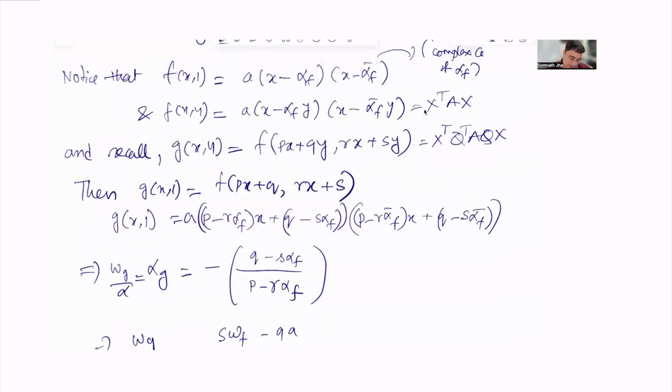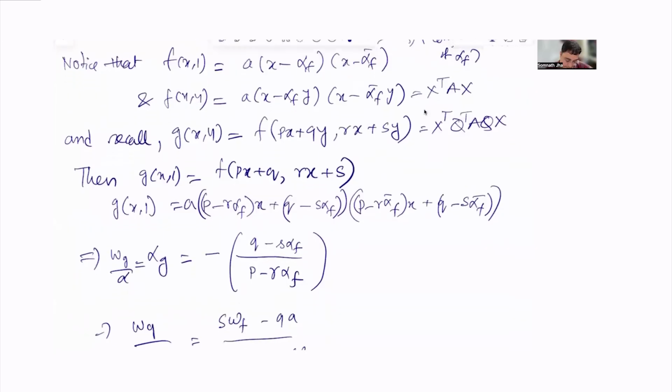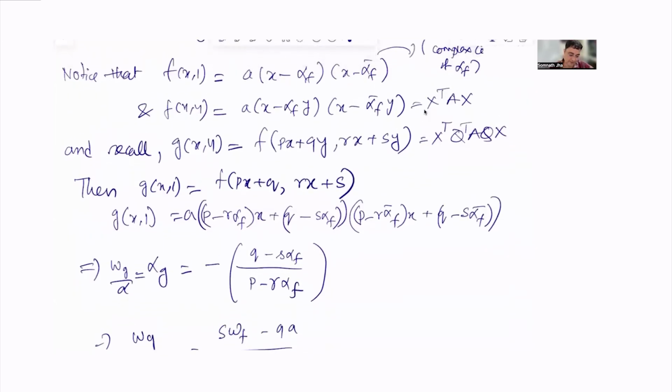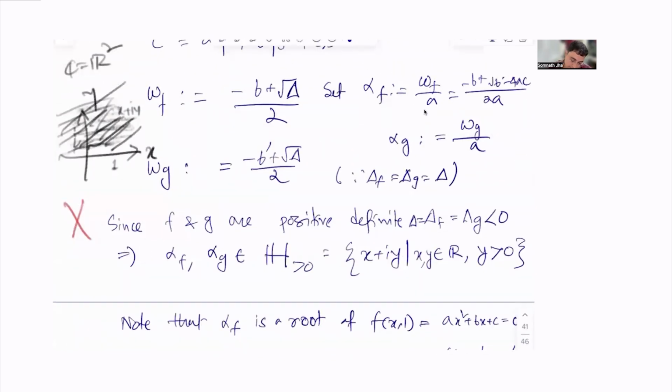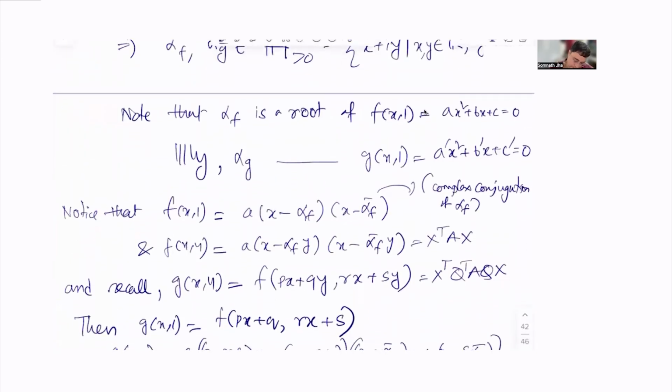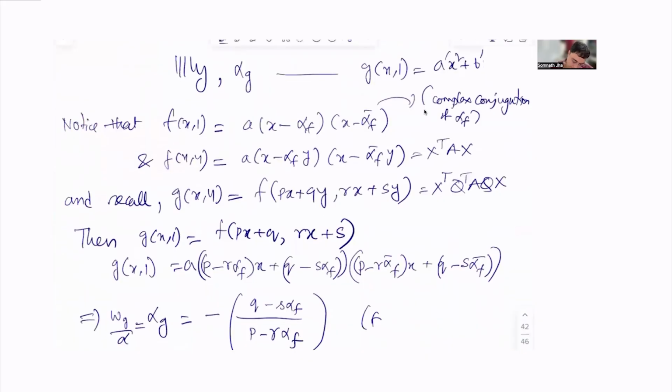If you write the polynomial g(x1) as this, then the root is given by this, minus of q minus s alpha f by p minus r times alpha f, and that is your alpha g. And what is alpha g? Alpha g by definition was omega g by a. See here, if you want, you can give it a name, star. So it's from star, right?